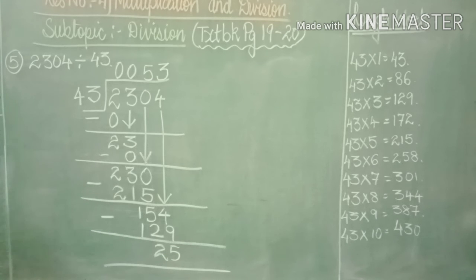Now in the question they have given us very clearly to find out the quotient and the remainder. So 53 is called as quotient and 25 is called as remainder.